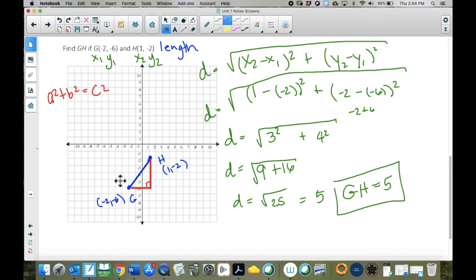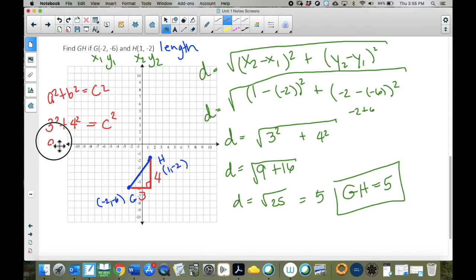And so if I look at this, I can make this segment into a triangle. Well, how tall is this triangle? That's 1, 2, 3, 4 boxes. And it is 1, 2, 3 boxes down here. So I can do the Pythagorean theorem. I can say 3 squared plus 4 squared is equal to c squared.